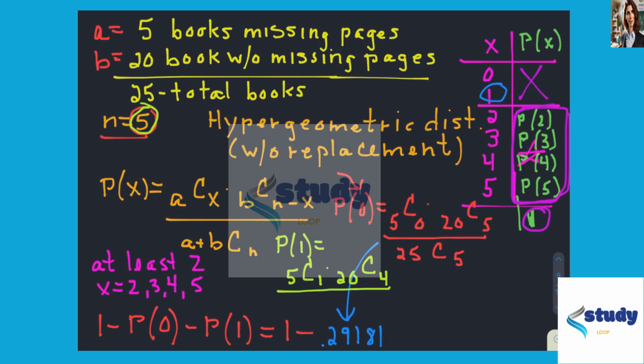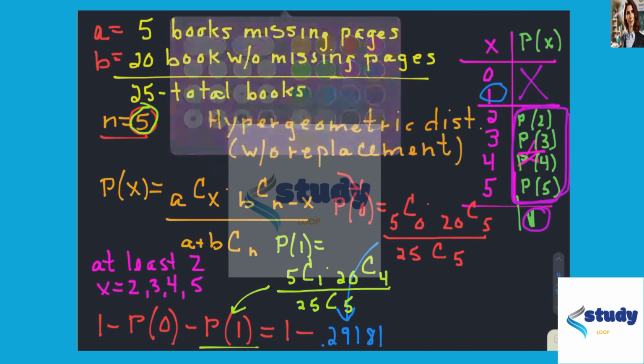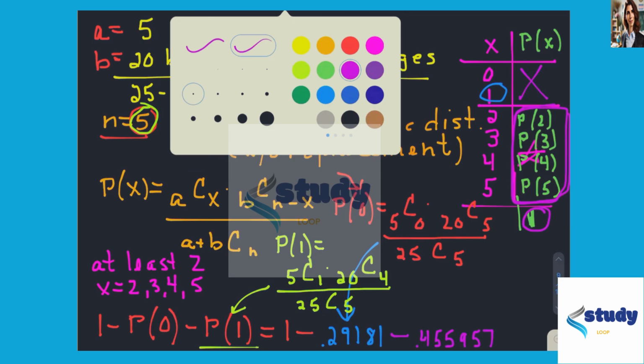And my denominator is going to be 25 C 5. And the answer I get is going in place of this P of 1. So I end up with an answer value of approximately 0.455957.